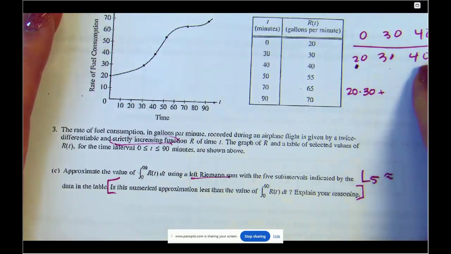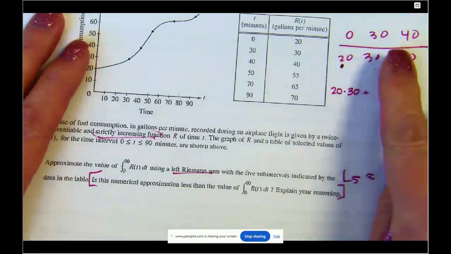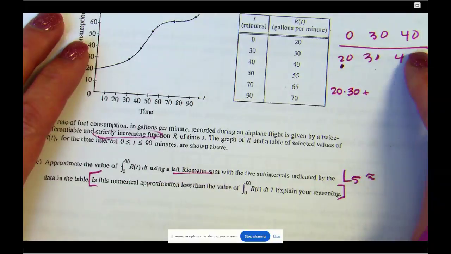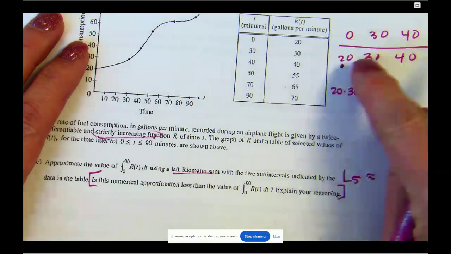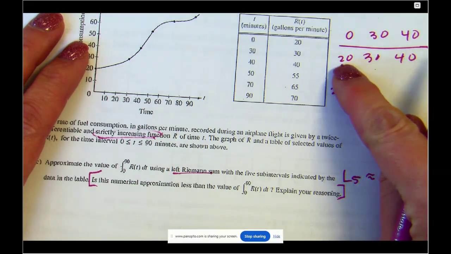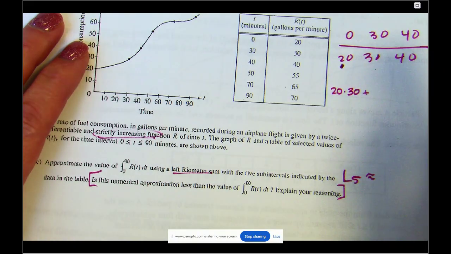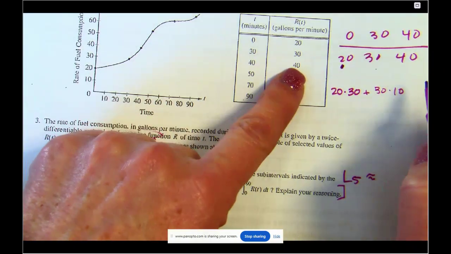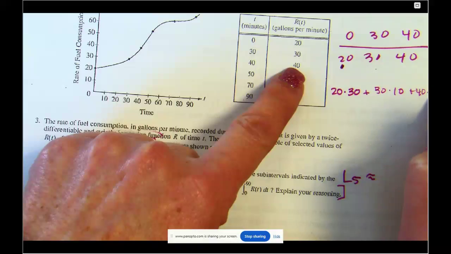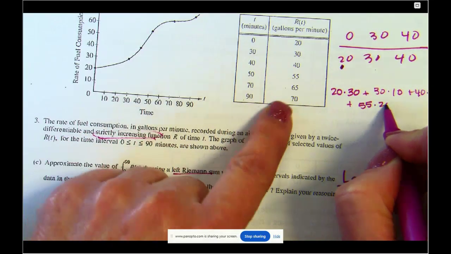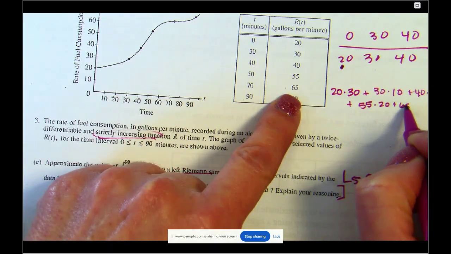So let me say this about the vertical table. I had to do this for my brain, at least the first couple. So 0, 30, 40, and 20, 30, 40, and it's the first number in the set that's the left-hand side. So this is going to be 30 times 10, 40 times 10, 55 times 20, and then 65 times 20.